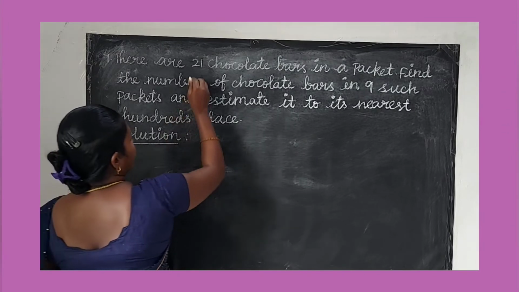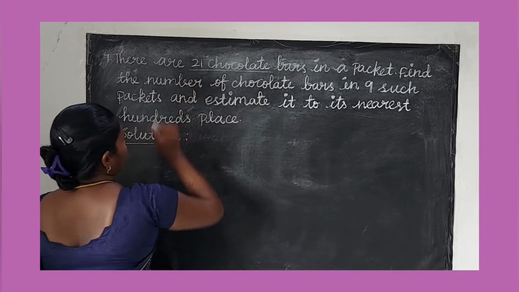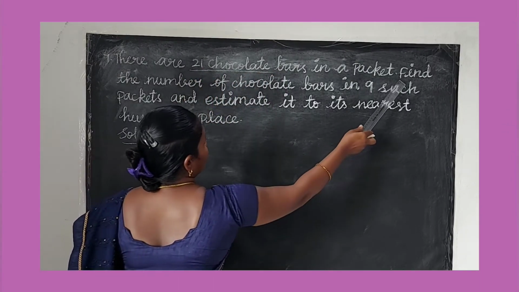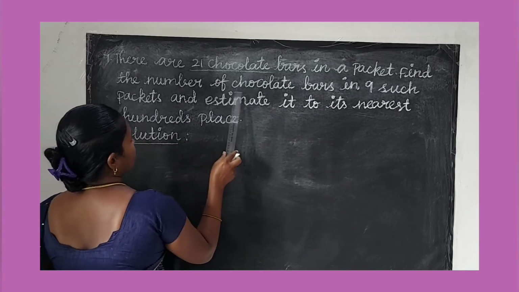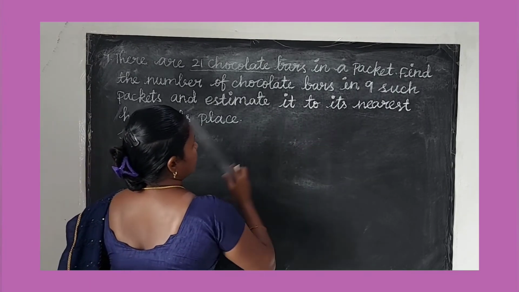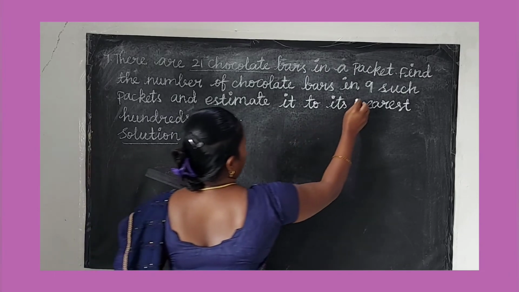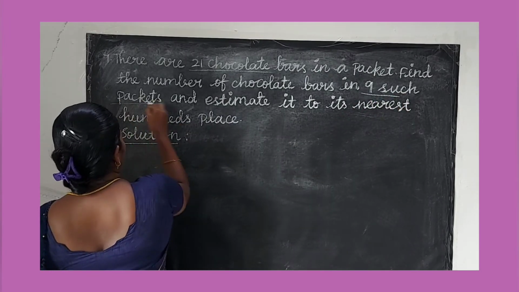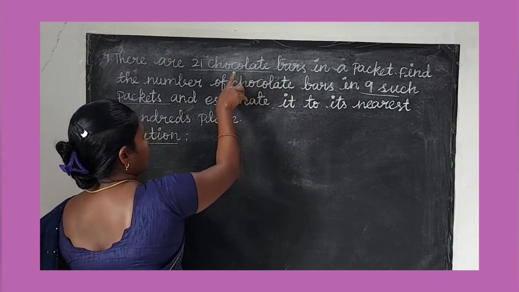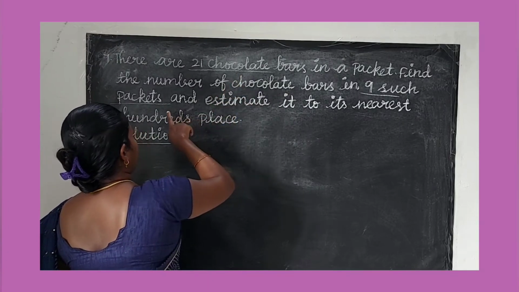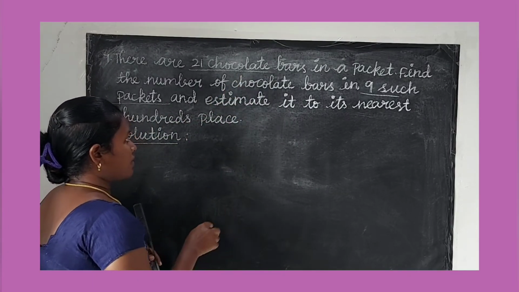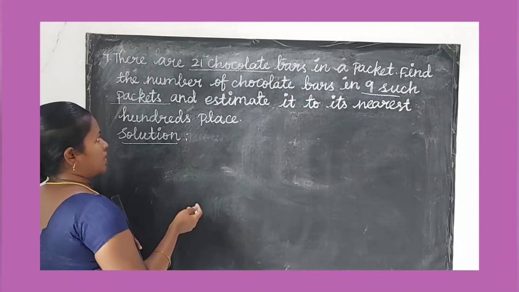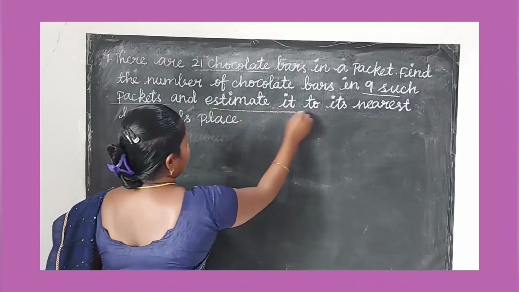So in one packet, how many chocolates are there? 21. So we have to find the 9 packet value. One packet value is given. To find the 9 packets, the sum is multiplication.